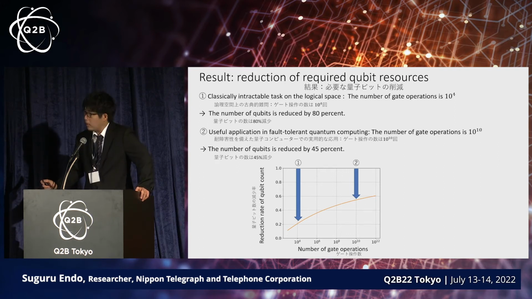In such a quantum supremacy regime in logical space, the number of qubits is reduced by 80% by using quantum error mitigation. It's really a significant reduction of the qubit overhead. We also found that when we apply quantum error mitigation in the long-term fault-tolerant quantum computing era, the qubit count can be reduced by 45%. So this technique is still useful also in the long-term FTQC era.